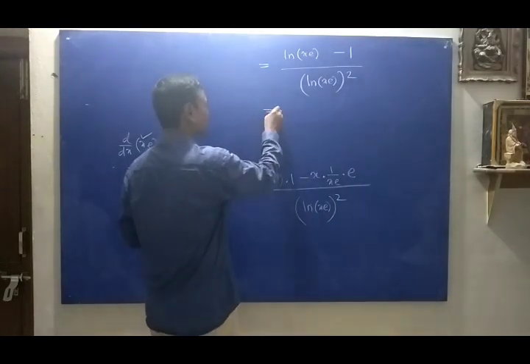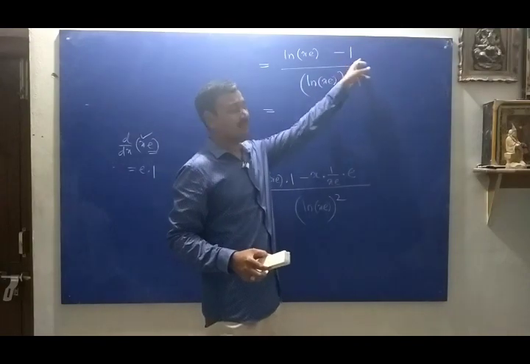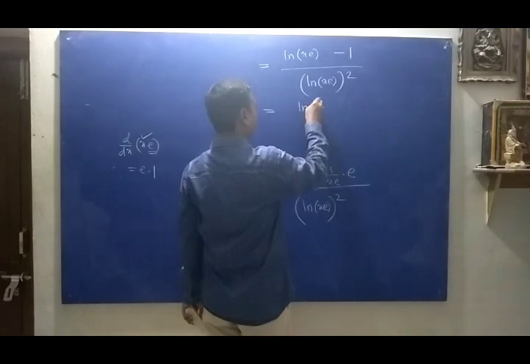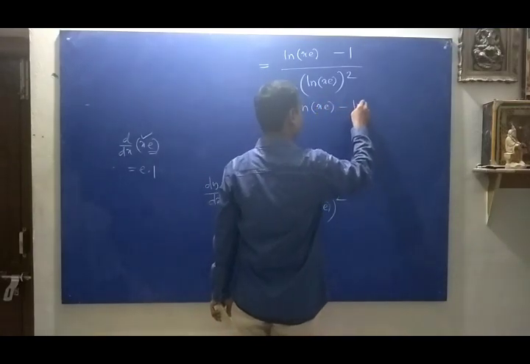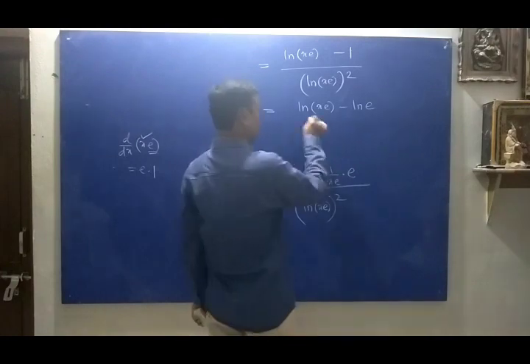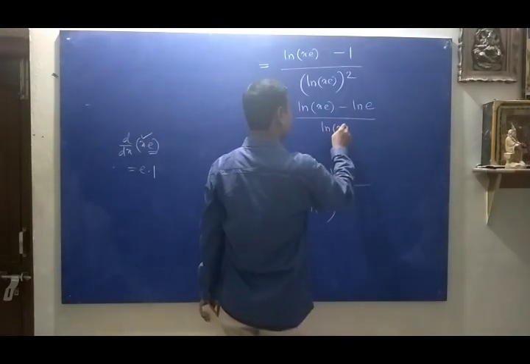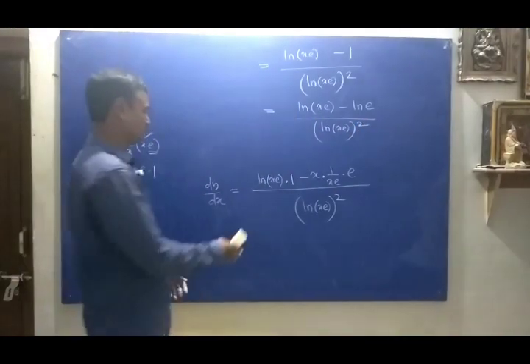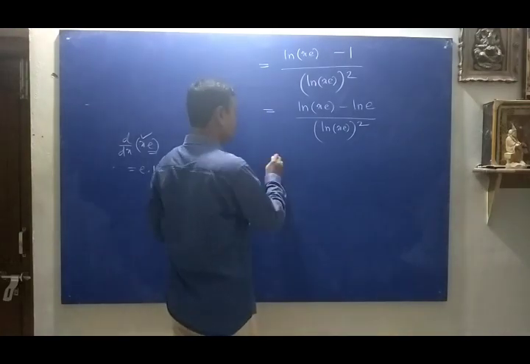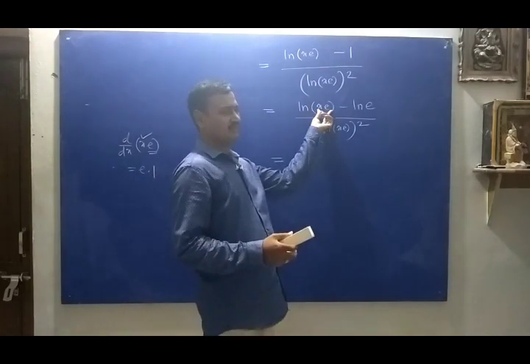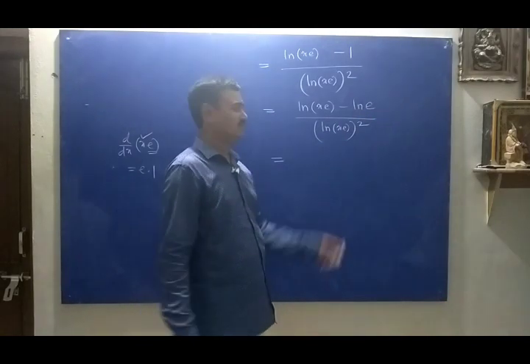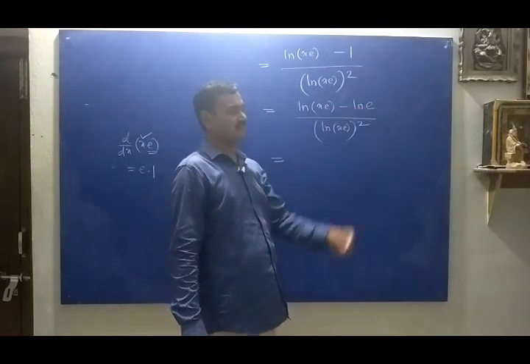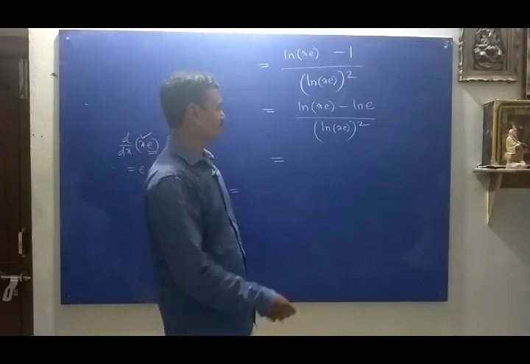So this is equal to, again, what is the value of 1 in terms of ln? Ln of e is equal to 1. So ln of ex minus ln of e by ln of ex whole square. What is that formula? Ln of a minus ln of b is equal to ln of a by b.